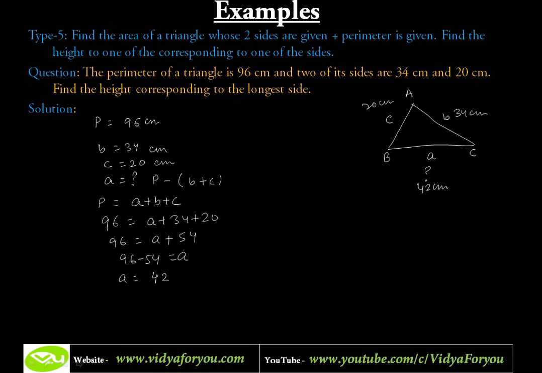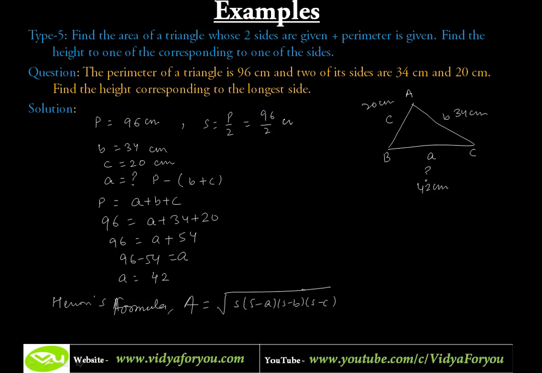Now by Heron's formula, Heron's formula gives us area. Area is equal to under root of s into s minus a, s minus b, s minus c. So the value of s we already have, since p is equal to this, s is equal to p by 2, that is 96 by 2 centimeter.